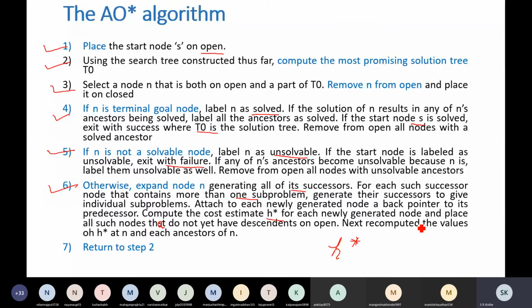Next, recompute the value of A star at n. Recompute the value at n. Why will you have to recompute those values? Because cost might change.